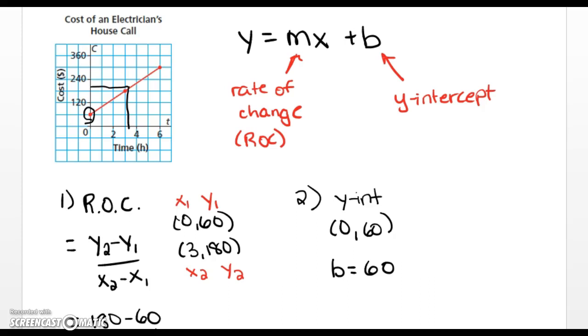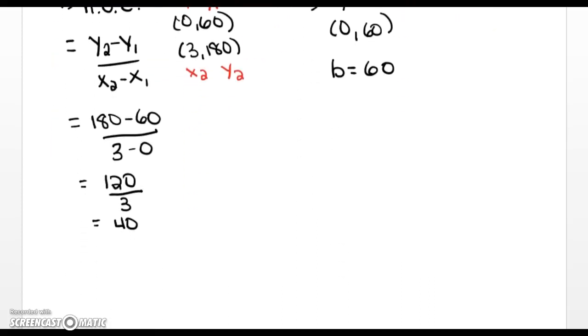So from this, we can create an equation. We had y = mx + b. So our equation is y equals, our m value was the rate of change, which is 40. We're going to leave x as it is, and we'll plug in the 60 for b. So the equation that we have is y = 40x + 60.